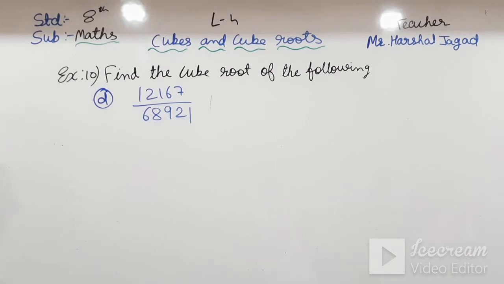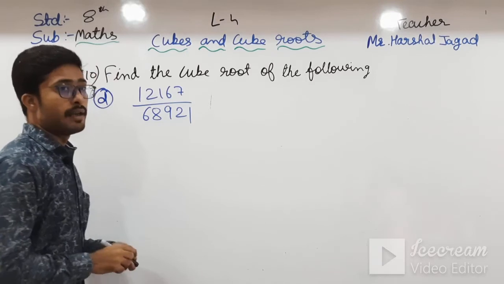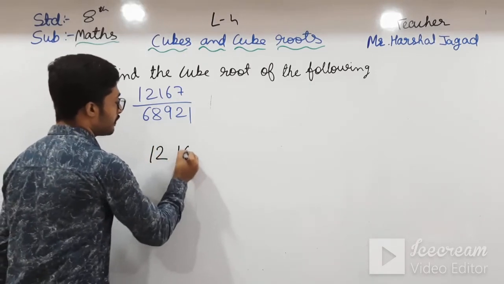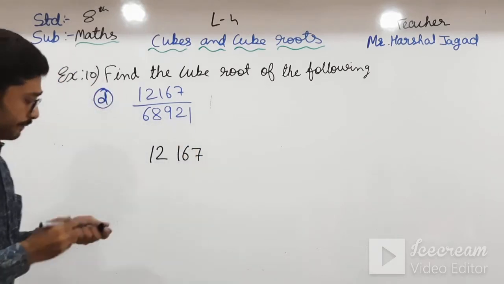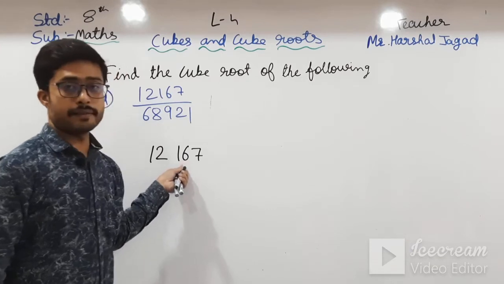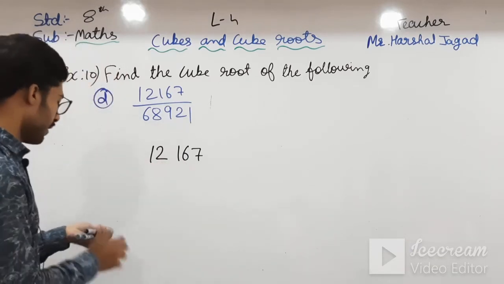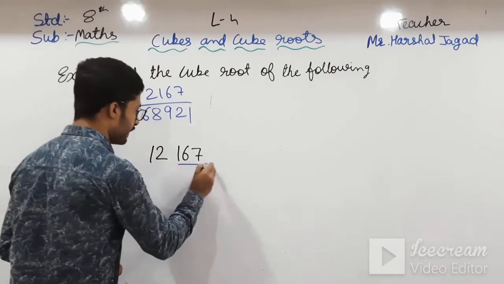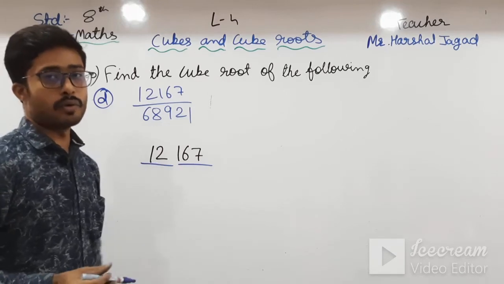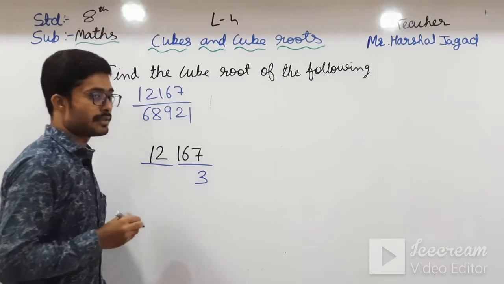First of all, we will find the cube roots one by one. 12167 is an odd number, so its cube root must be an odd number, and here we make groups of 3. In the first group the unit place is 7, so what will be its cube root's unit place? It is 3.